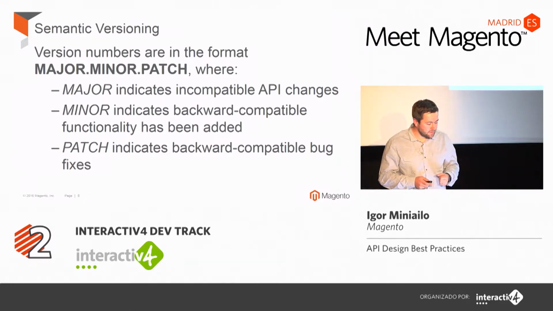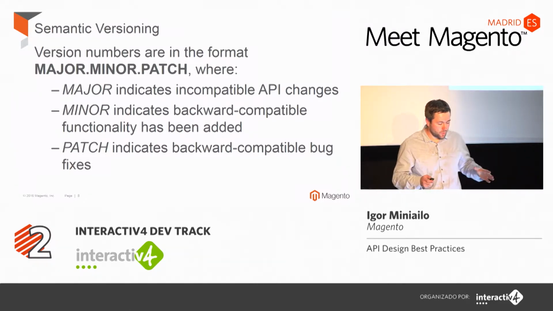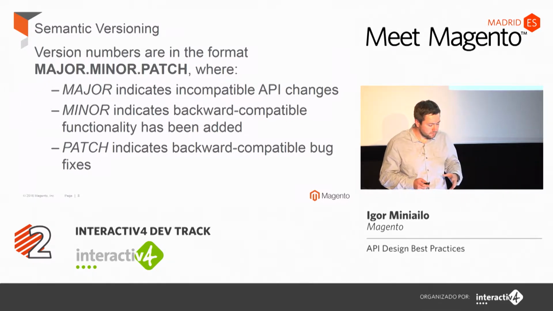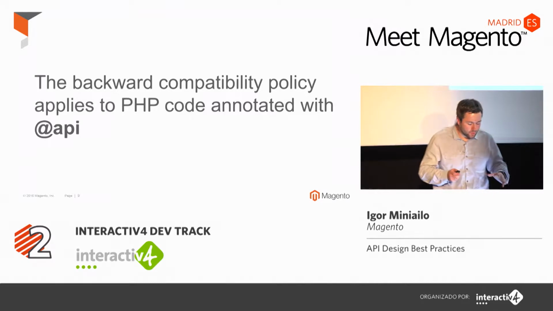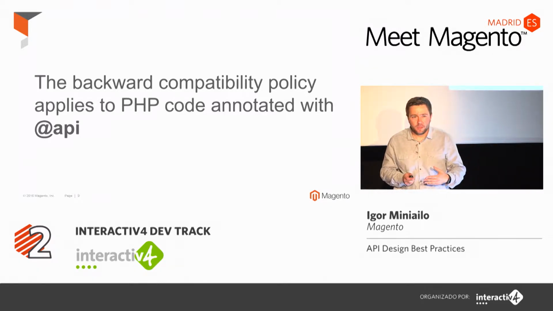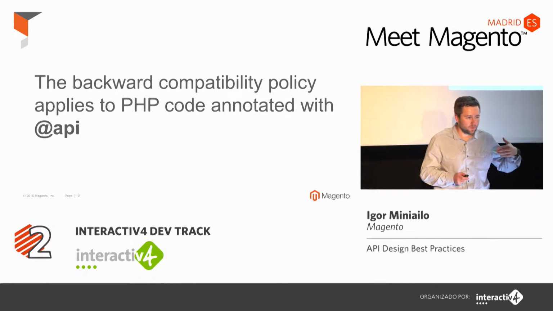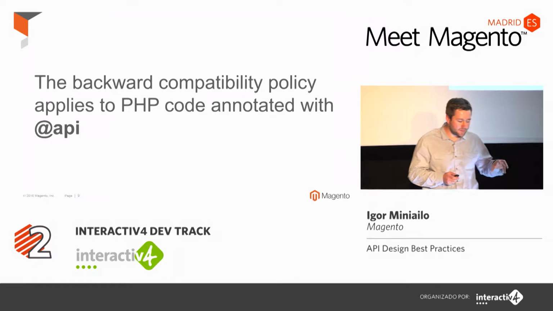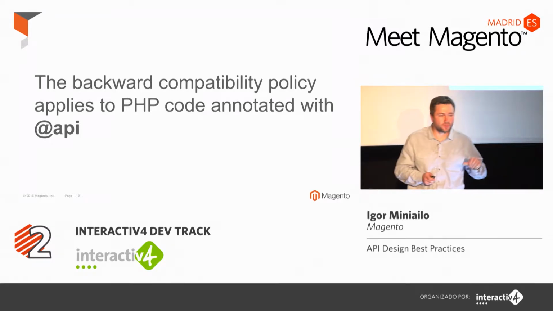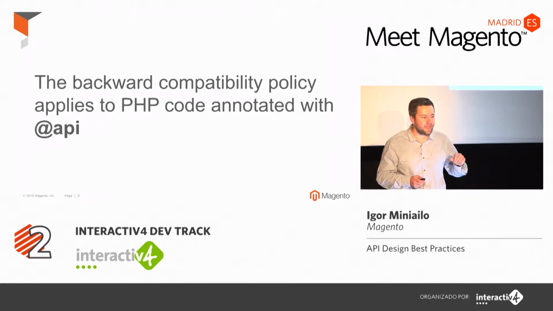So in Magento 2, we decided to follow semantic versioning, and as I understand, you know that semantic versioning is like a major update, minor update, and patch updates, and we apply these semantic versioning rules just for the APIs.